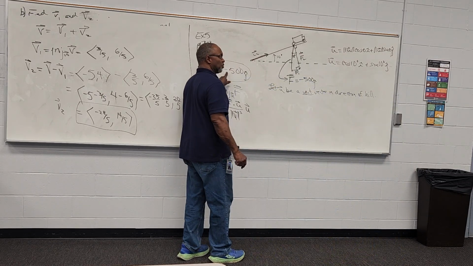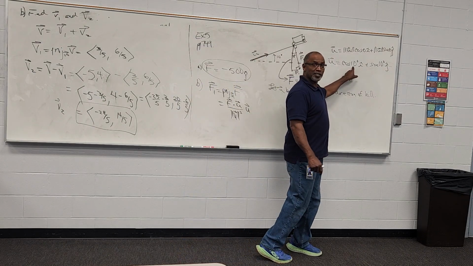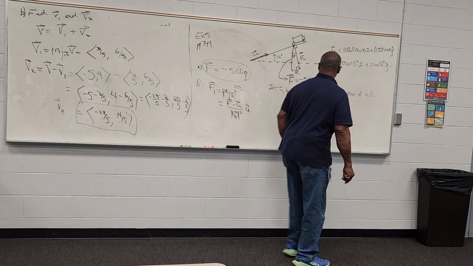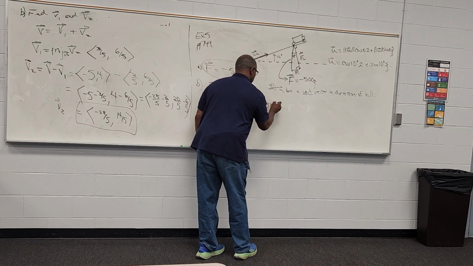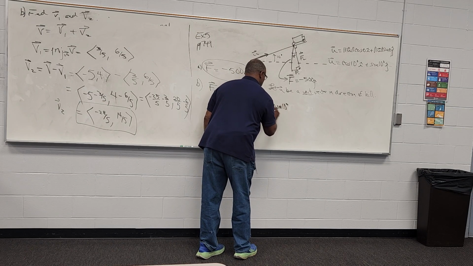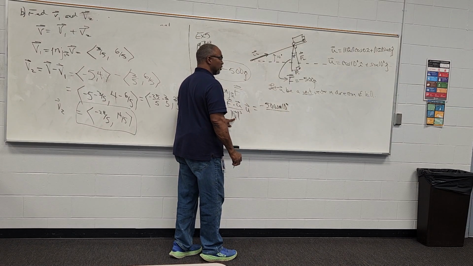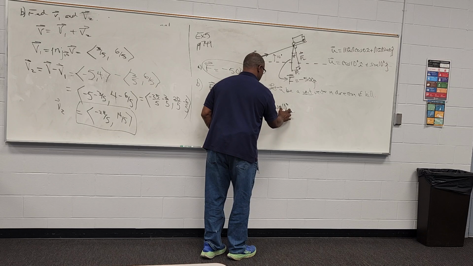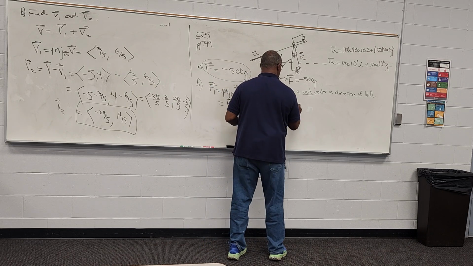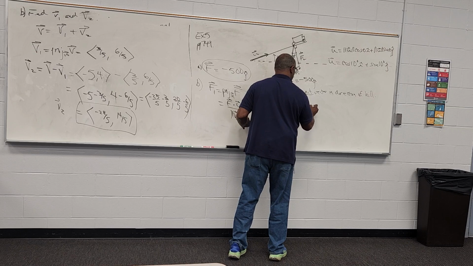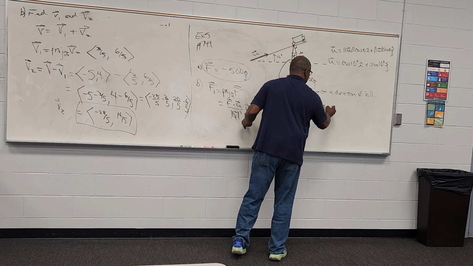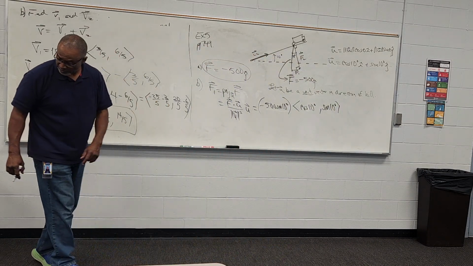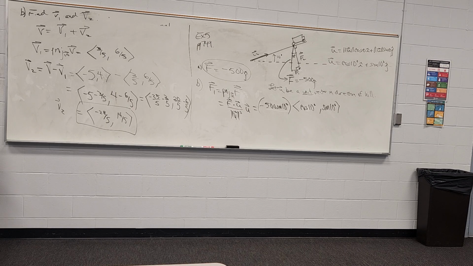Well, the I component is 0, so 0 times the cosine of 10 is 0. Then I multiply J components, negative 500 times the sine of 10 degrees. So this will be negative 500 sine of 10 degrees. And then the bottom, the norm of U squared, well, U was a unit vector, so the norm of U is 1. So I don't really need that. So I'm multiplying this stuff times vector U, which is cosine 10 degrees, sine 10 degrees.